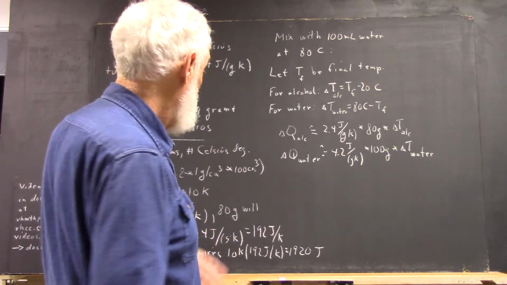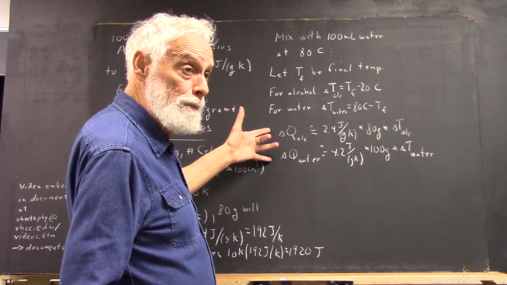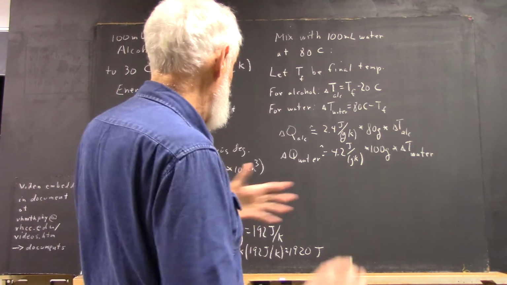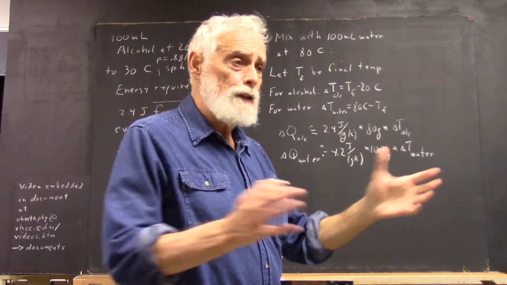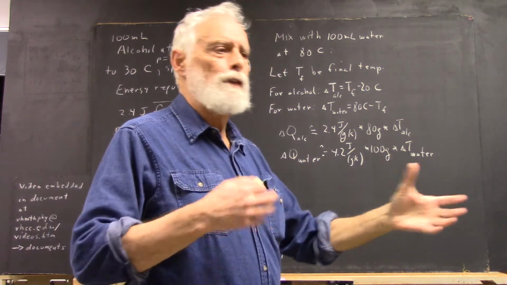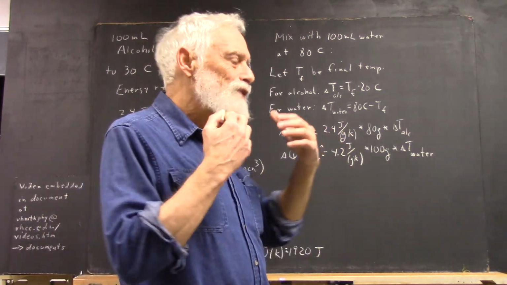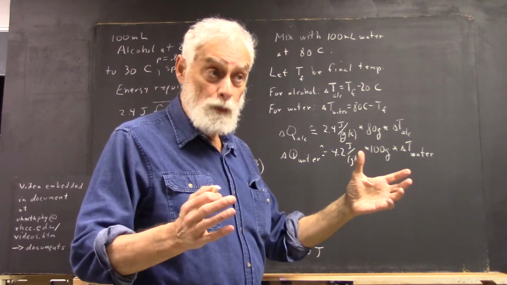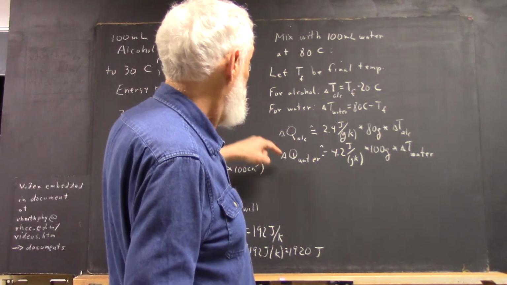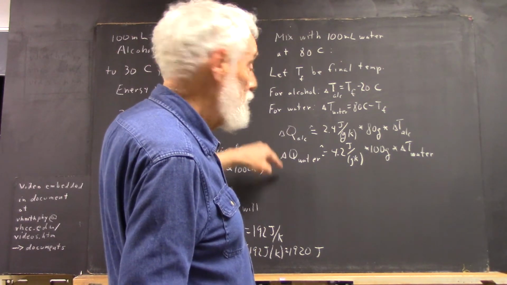I'll do that. Okay, so we have this, right? Now, I'm not going to complete this. I'm just going to say that since there's no significant time for the system to exchange heat with the room, whatever this gains, this loses, right?